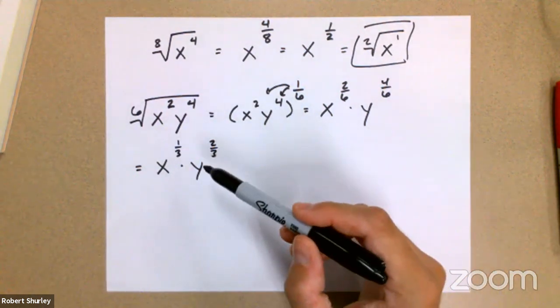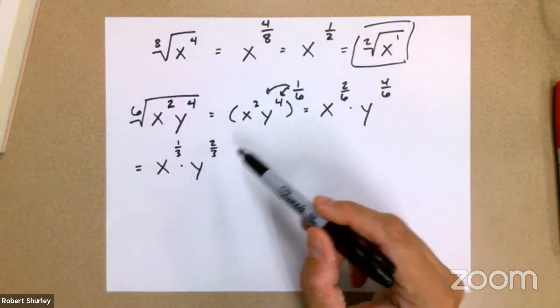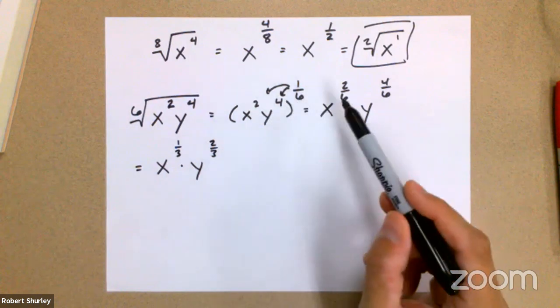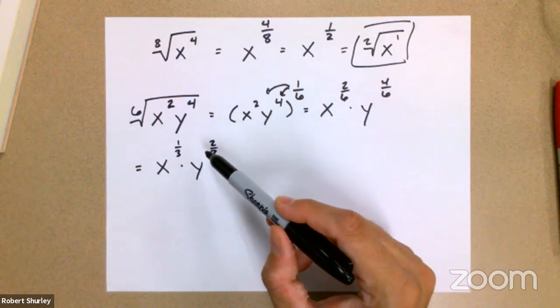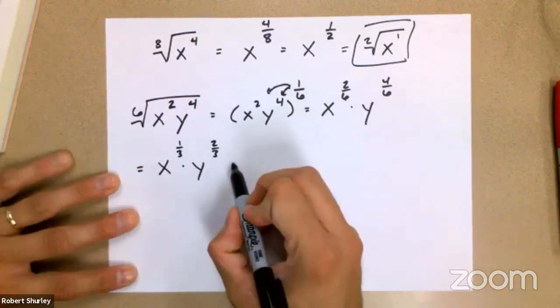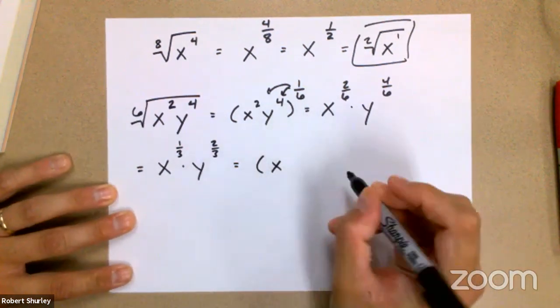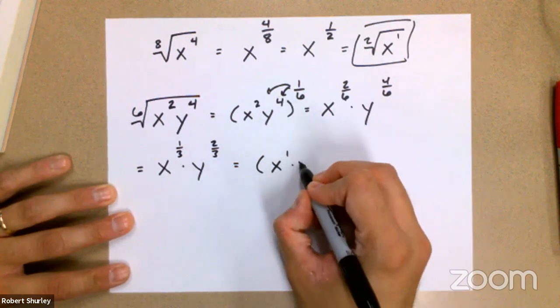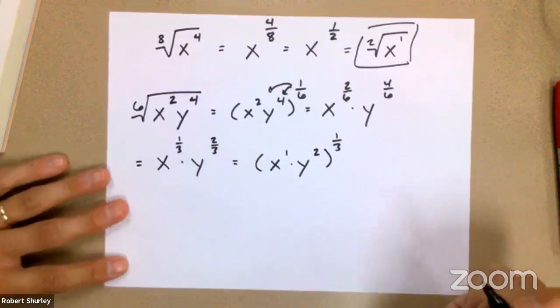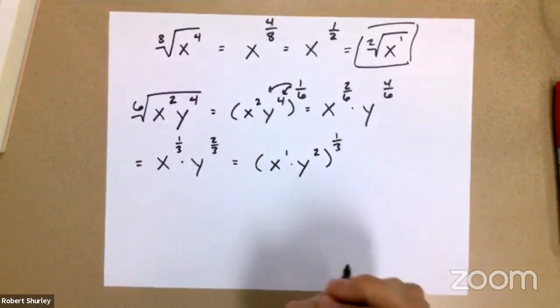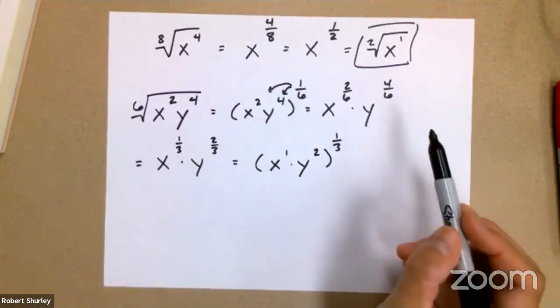We can extract the 1/3, where we multiplied the 1/6 then, and we see how the denominators were both 1/6. Well, now we can extract the 1/3 from both of these. So this winds up being x to the 1st power times y squared, raised to the 1/3. Whew, this is testing the knowledge, okay?